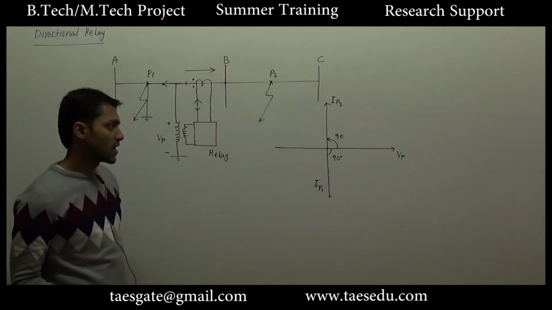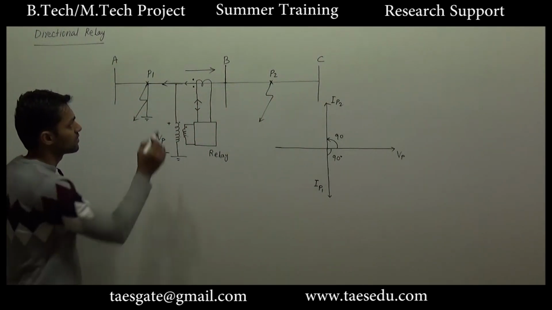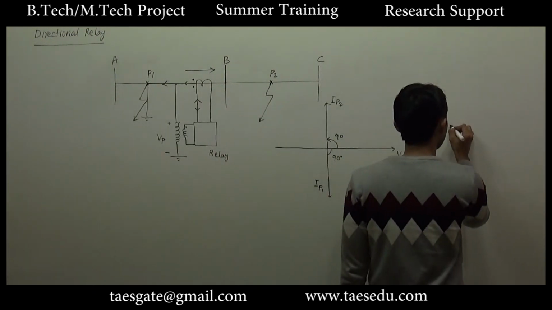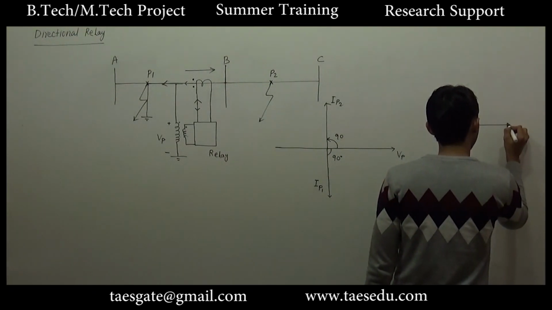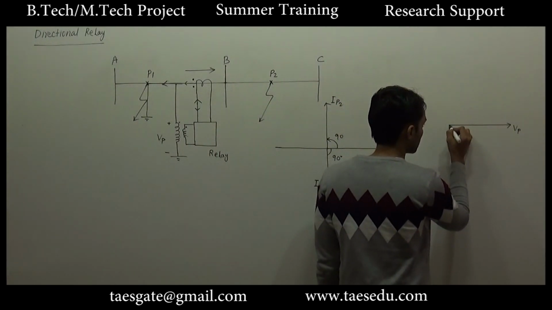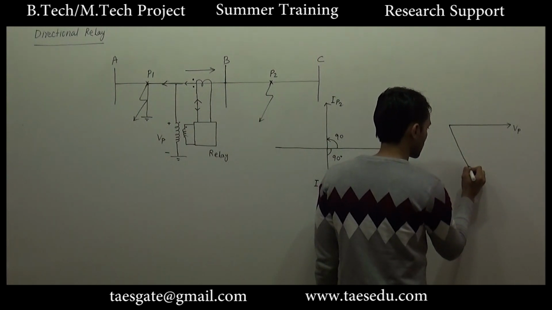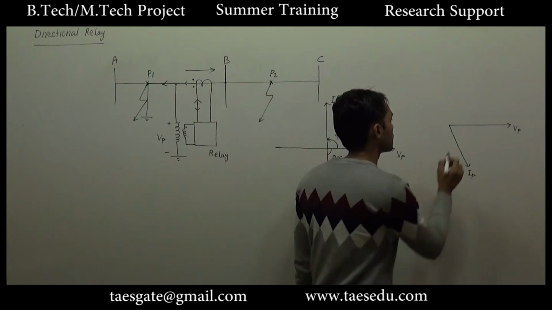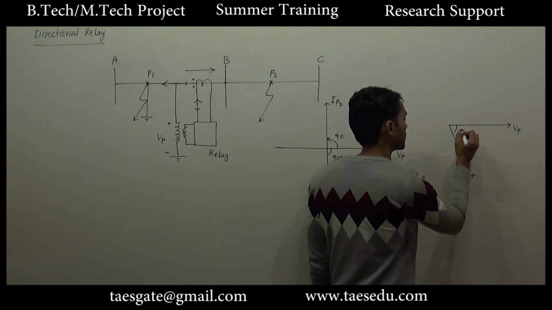For this phasor diagram, I have assumed that the feeder is purely reactive, but in a practical case, the feeder will have some resistance, so the current will not lag by exactly 90 degrees. This will be the fault current, and let's say this angle is phi.